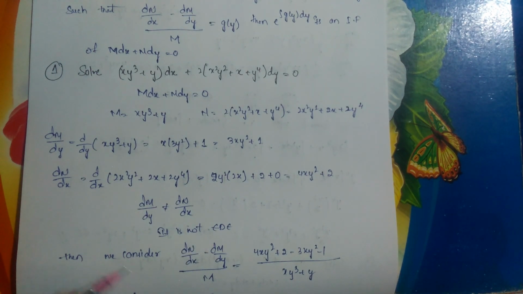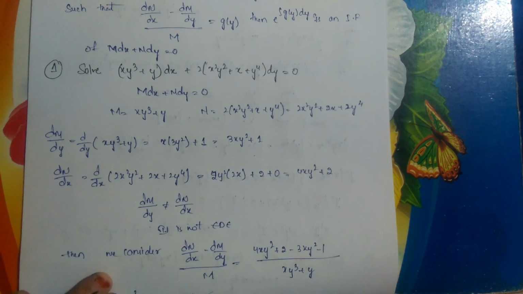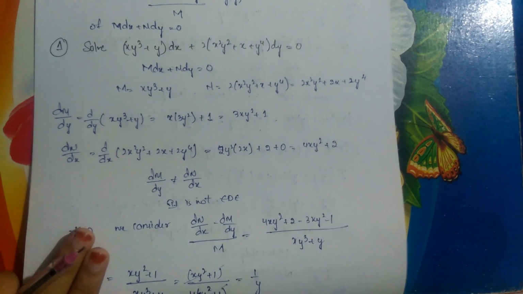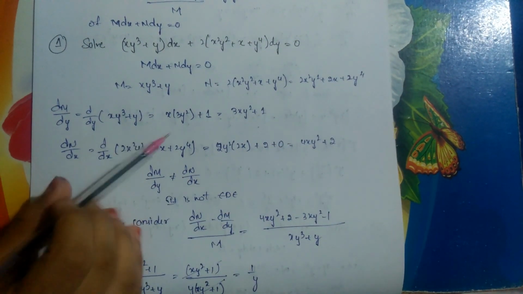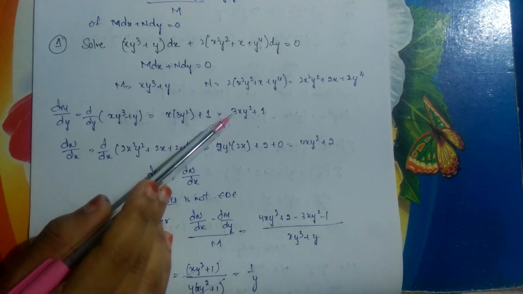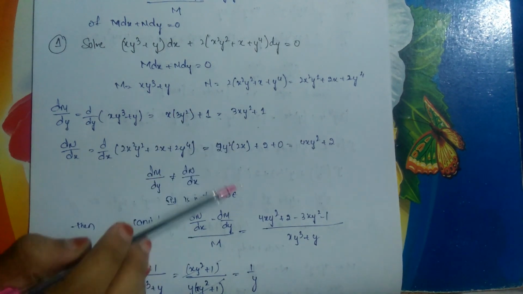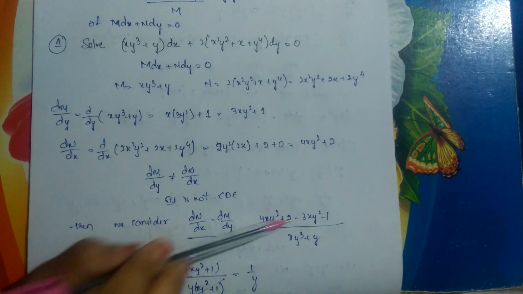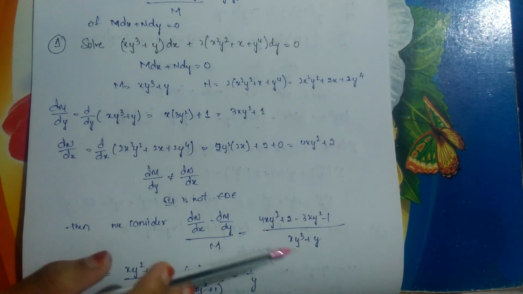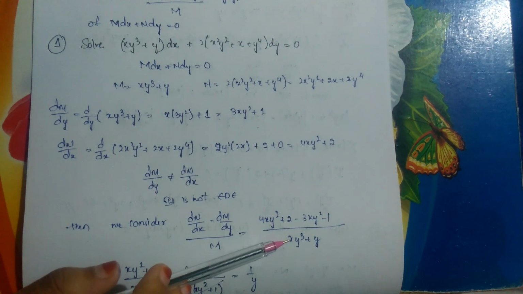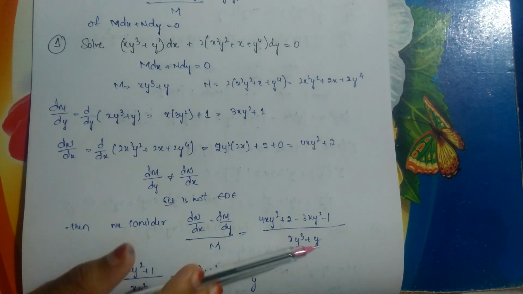Then we consider (∂N/∂x minus ∂M/∂y) divided by M, that equals (4xy square plus 2 minus (3xy square plus 1)) divided by M, where M is x into y cube plus y.